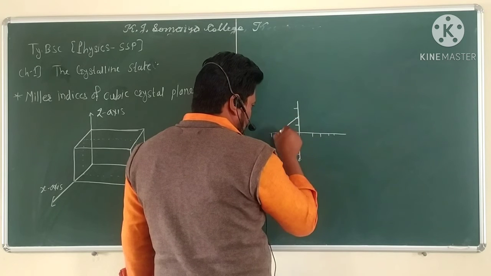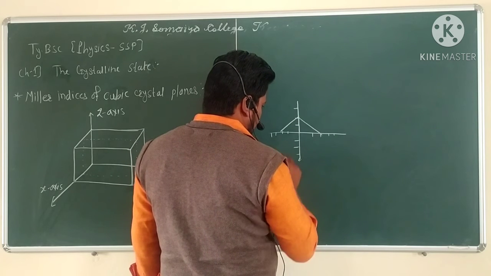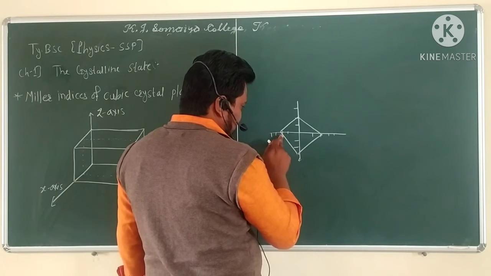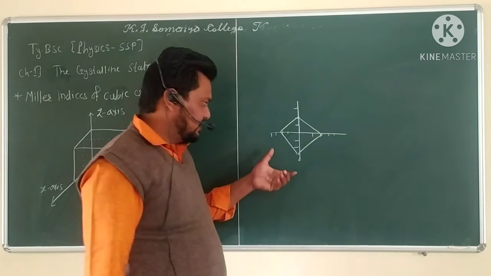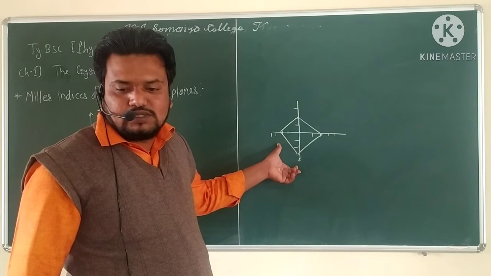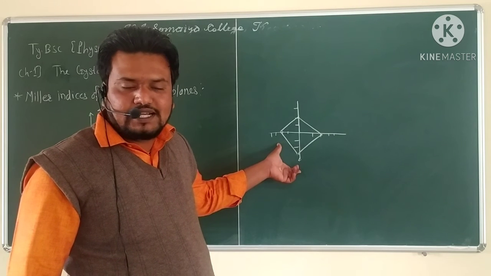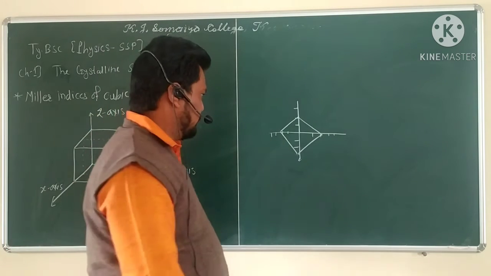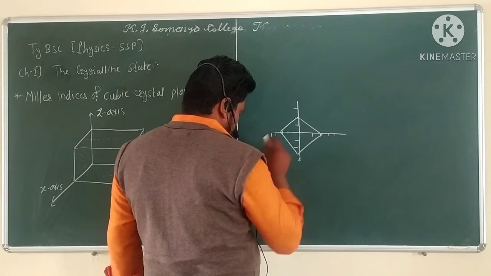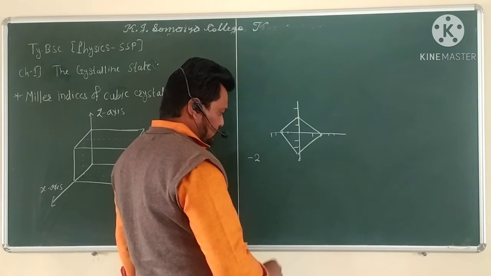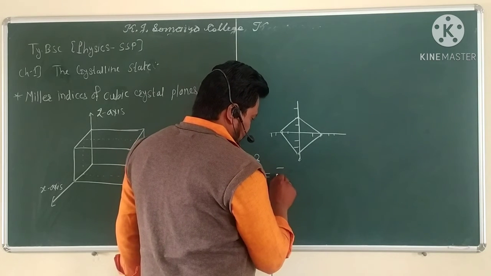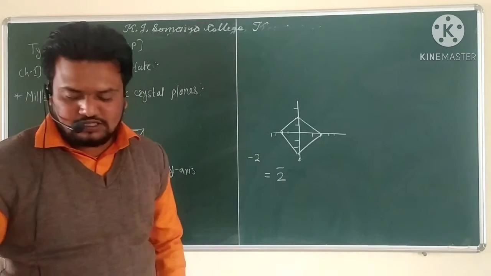If we draw any trajectory here, and the point comes from this direction, that side is considered as the negative numerical parameter, and that's why it is marked with a minus sign placed directly over it. For example, if it is 2 axial units, the numerical parameter is -2, or in writing it is written as bar 2.